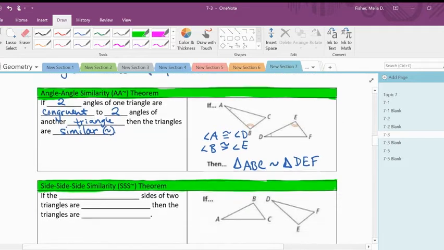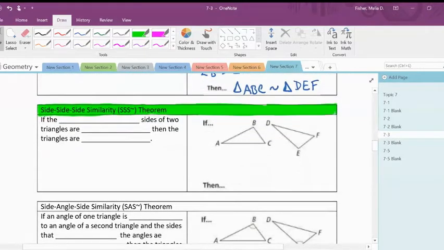Another theorem is the side-side-side similarity theorem. It says if the corresponding sides, which means the ones that go together, of two triangles are proportional, then the triangles are similar.